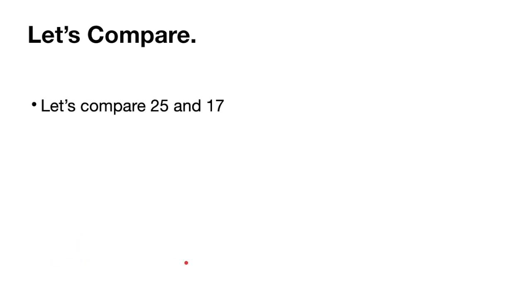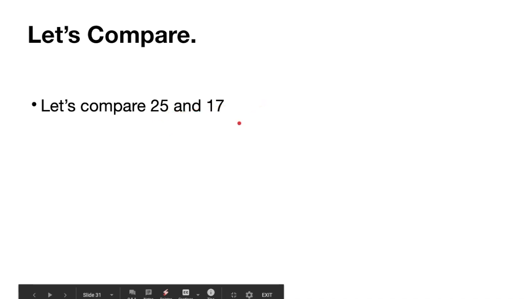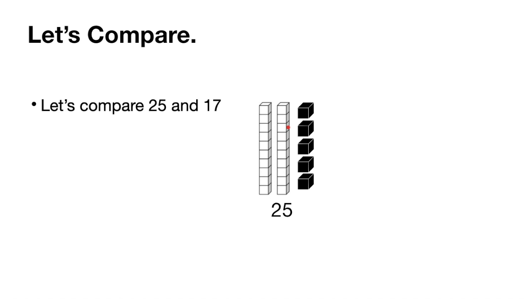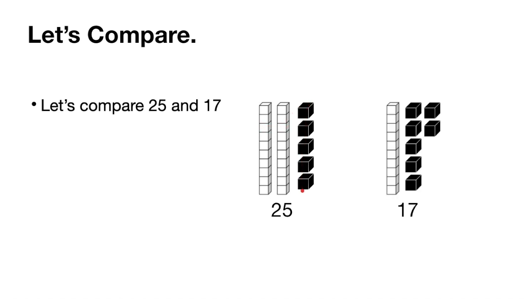Okay, so let's compare 25 and 17. So here's 25. We have 2 tens and 5 ones. And 17, we have 1 ten and 7 ones.